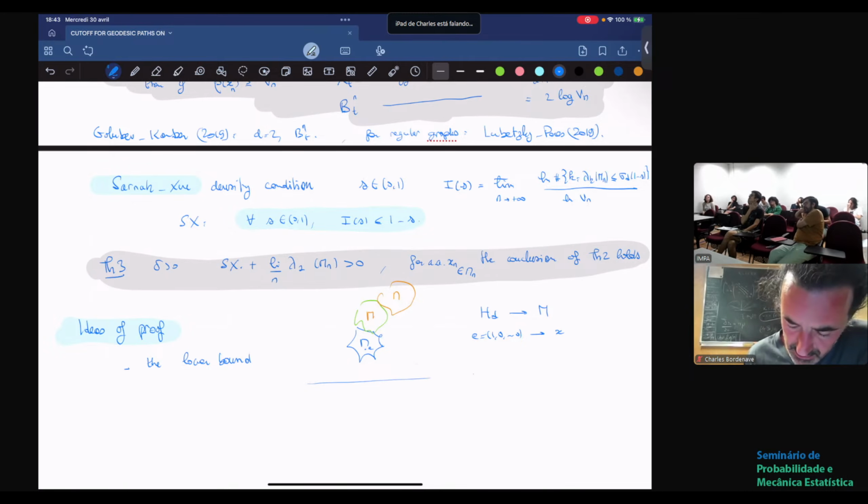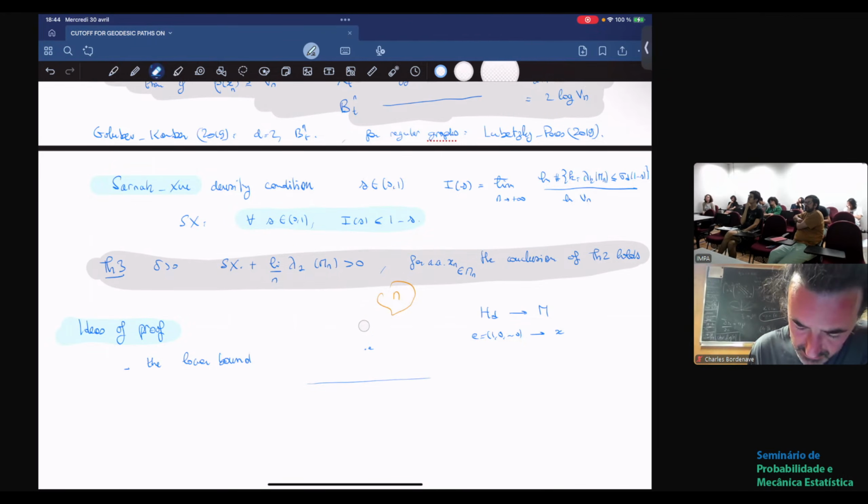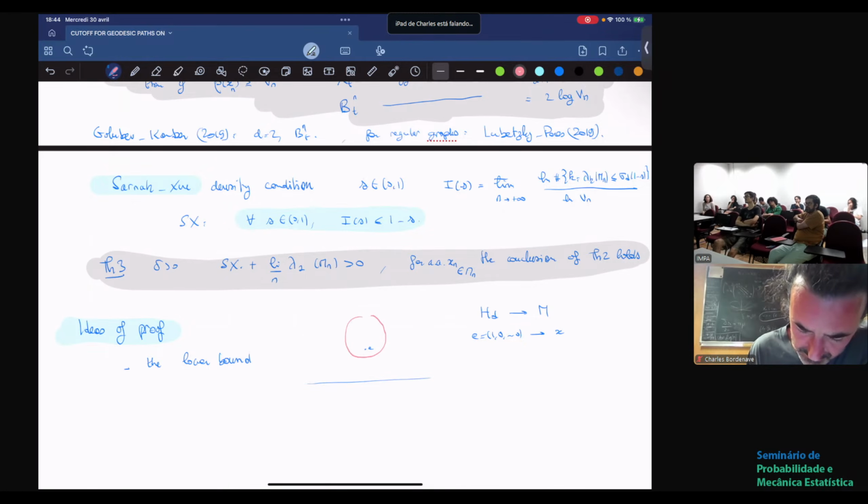If you are in HD, you look at the ball of center E and radius T. It's a Euclidean ball also, but not centered at E, whatever.